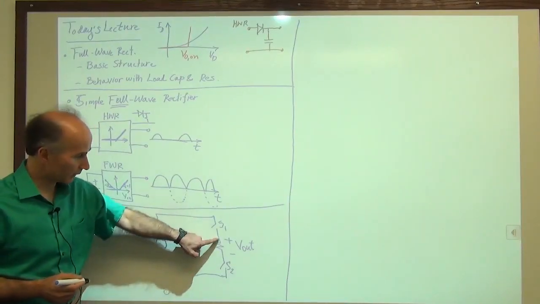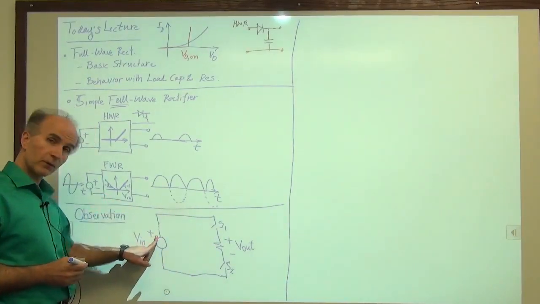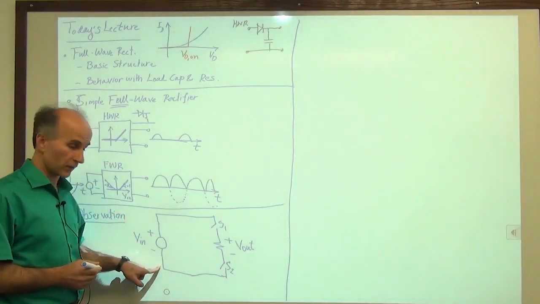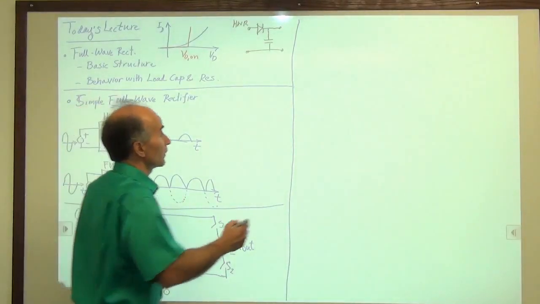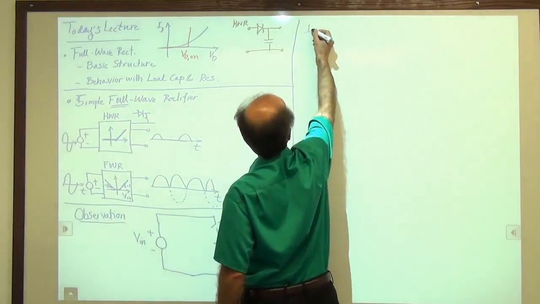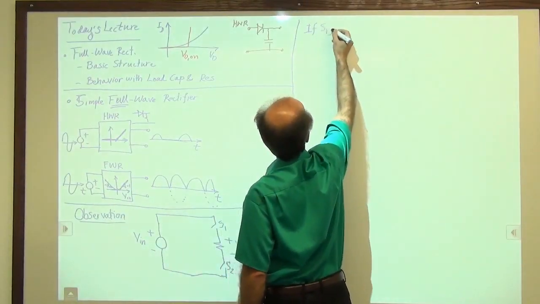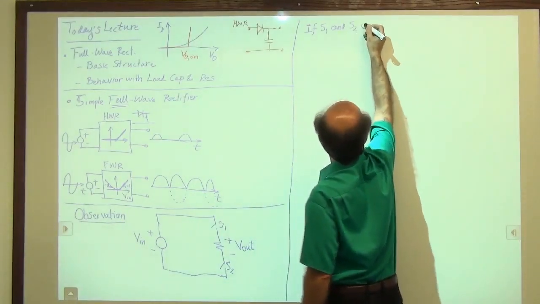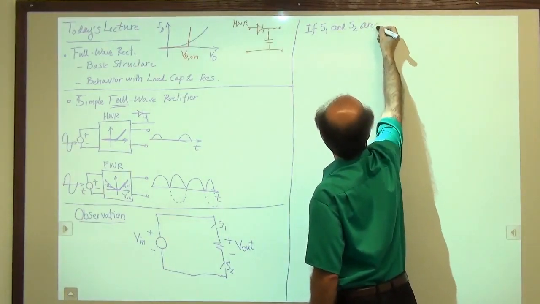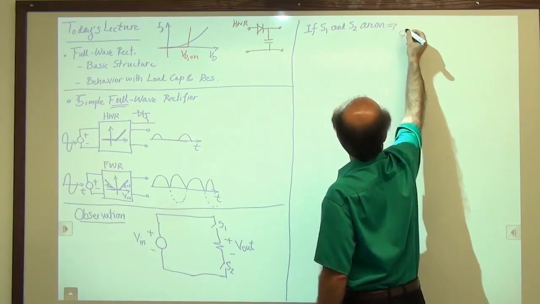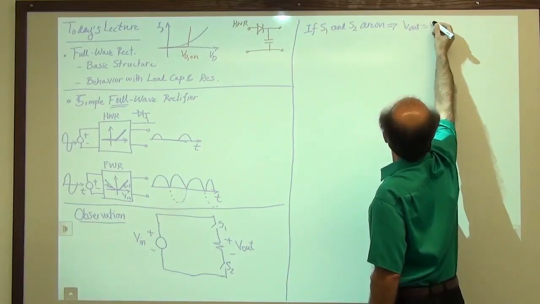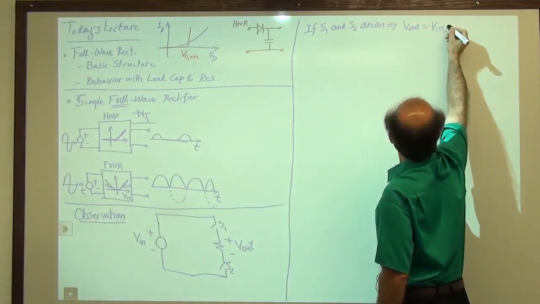We have a short circuit from the top of the resistor to the top of the voltage source, and from the bottom of the resistor to the bottom of the voltage source. So that's easy. So we say if S1 and S2 are on, then Vout is just equal to Vin.